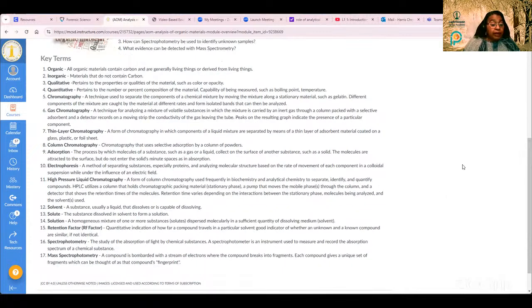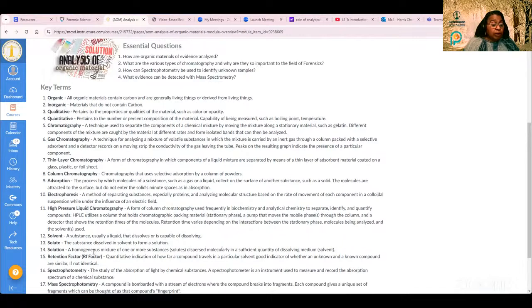Some you might have heard of and some you might not have. When you took biology, you probably talked about chromatography. If you were in a real biology class, you might have even done a lab on chromatography. So we're going to look at what these things are and do a little chemistry class here.